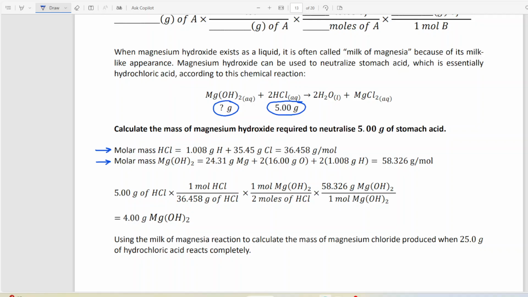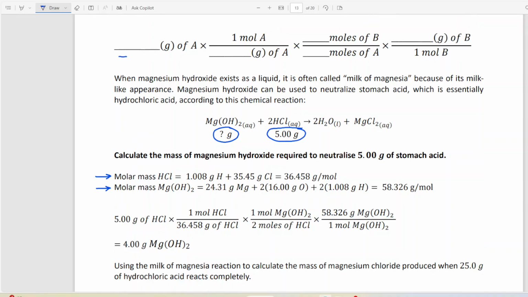So then you can see, using this formula above or the template at the top, I've taken the grams of substance A, which is the grams of hydrochloric acid, and multiplied it by its molar mass. So 1 mole of hydrochloric acid is 36.458 grams, so I've converted from grams into moles. Then you're going to use the mole to mole ratio to go from moles of hydrochloric acid to moles of magnesium hydroxide.